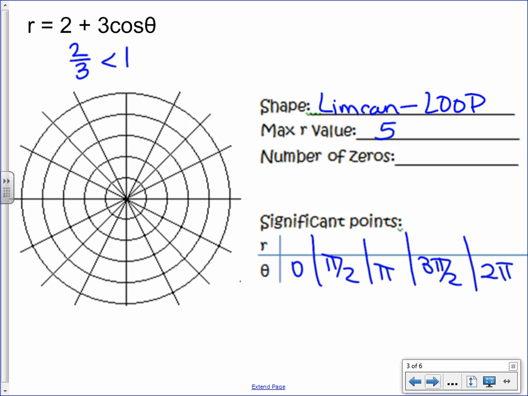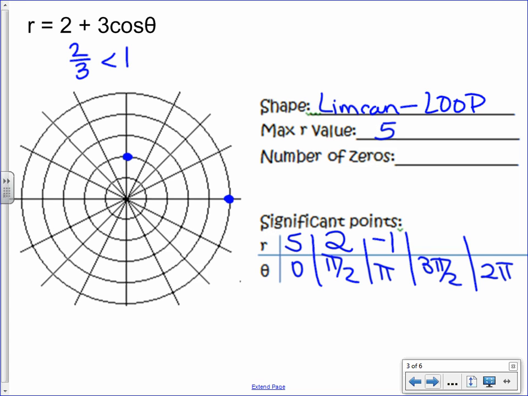We get 5. Cosine of 0 is 1, so we have 2 plus 3, which is 5. Okay? When we plug in pi over 2, what do we get? 2, because cosine of pi over 2 is 0. When we plug in pi, what do we get? Careful. -1, right? Cosine of pi is -1, so we have 2 minus 3.